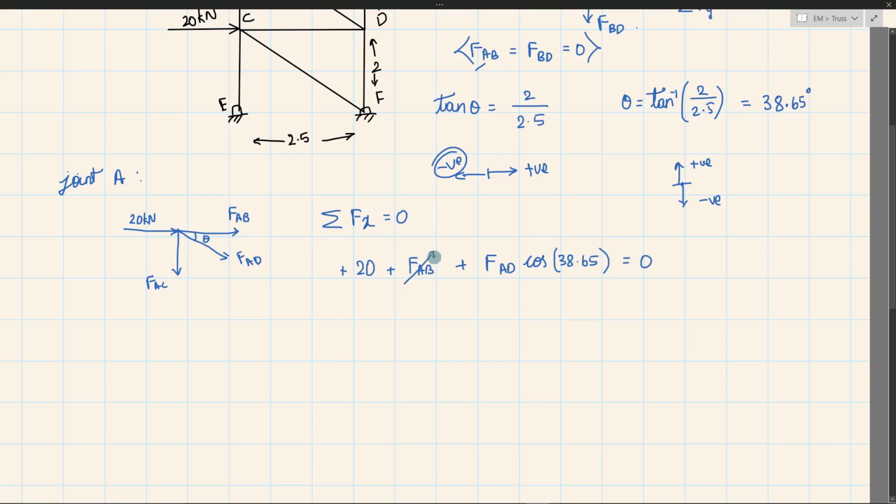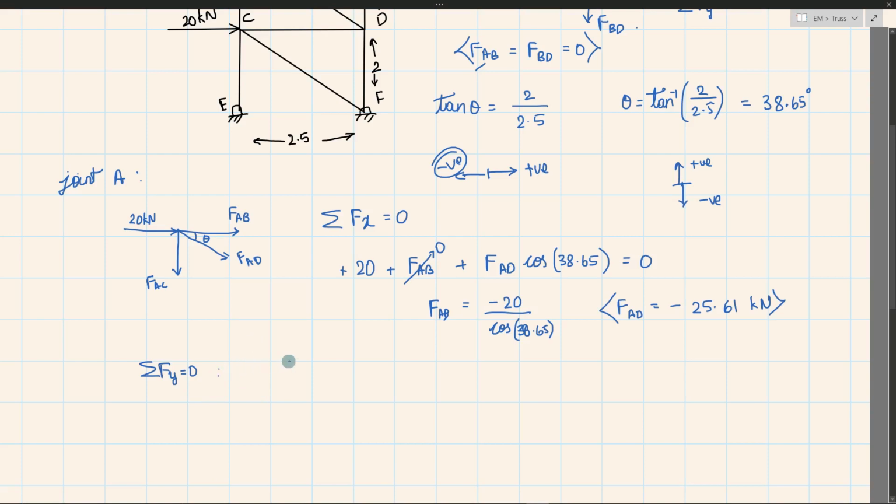So FAB is equal to 0, and we have FAD is equal to minus 20 divided by cos 38.65. So FAD is equal to minus 25.61 kilonewton.